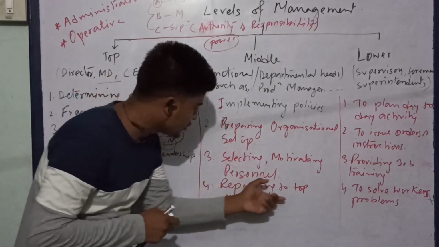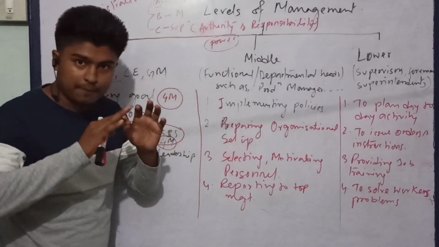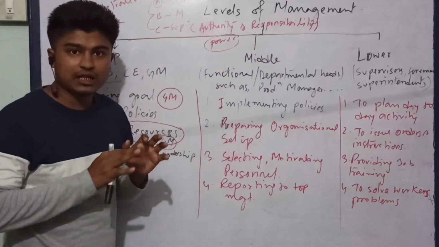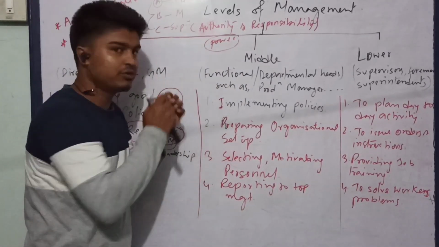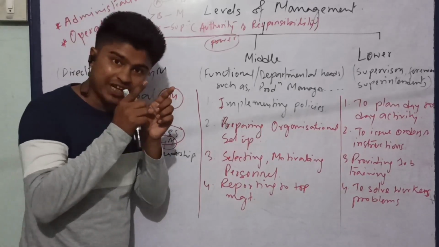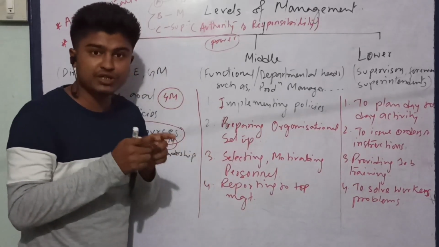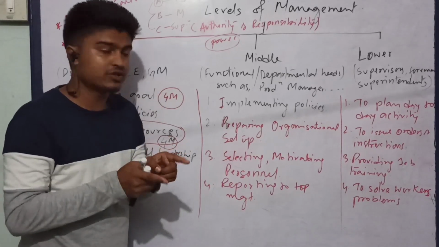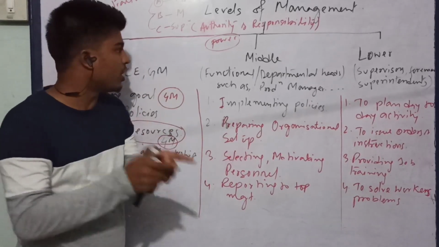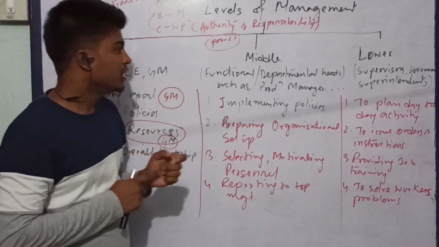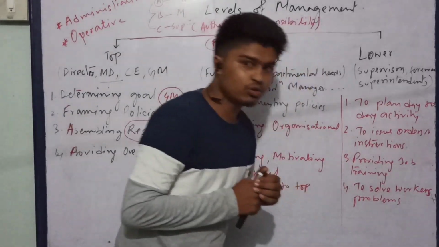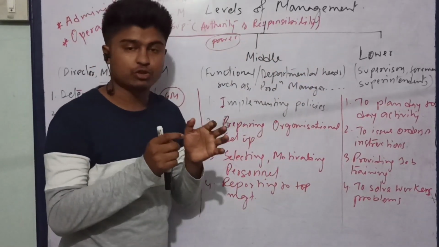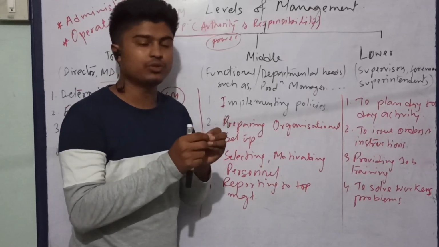Next, reporting to top management. What are the activities, or what progress is going on under the particular department? Reporting that progress, or reporting the total performance, to top management is the duty of middle level management. Now lower level management. I have already told that lower level management officials or personnel are directly associated with the work.